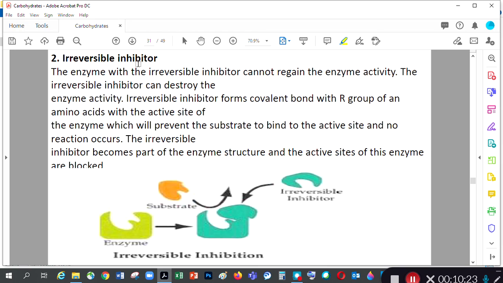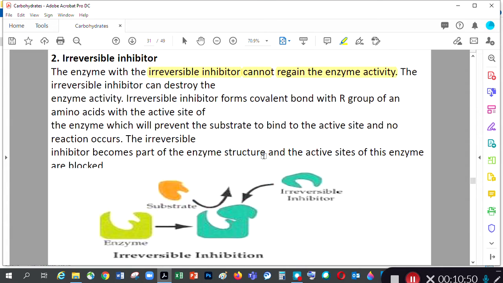Irreversible inhibitors mean it's permanent there, and this can cause big damage to the enzyme activity. So the enzyme with the irreversible inhibitor cannot regain, and this is very important, cannot regain the enzyme activity. Irreversible inhibitor can destroy the enzyme activity.